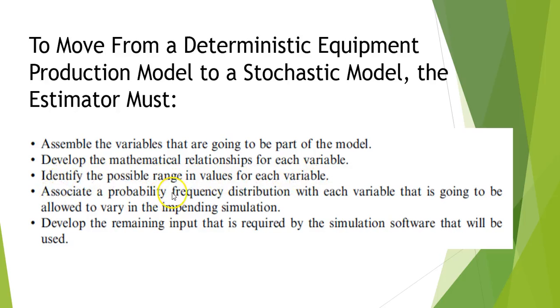You associate a probability frequency distribution with each variable that you're going to vary in an impending simulation. And then you develop the remaining input that's required by the simulation software that will be used. And again, you're going to use some type of specialized program. And you can buy simulation programs.